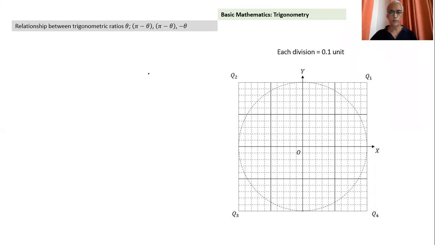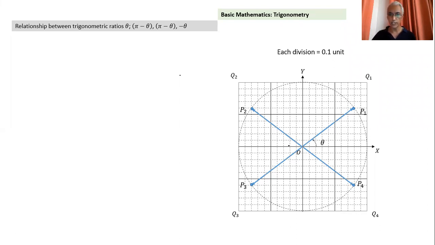So let's do what we had done in the previous slide for a general angle theta, so that it becomes like a formula. Let's find those relationships. This is point one on the circle, which makes an angle theta here. There are 3 more points which will have the same magnitude of x and y coordinate.